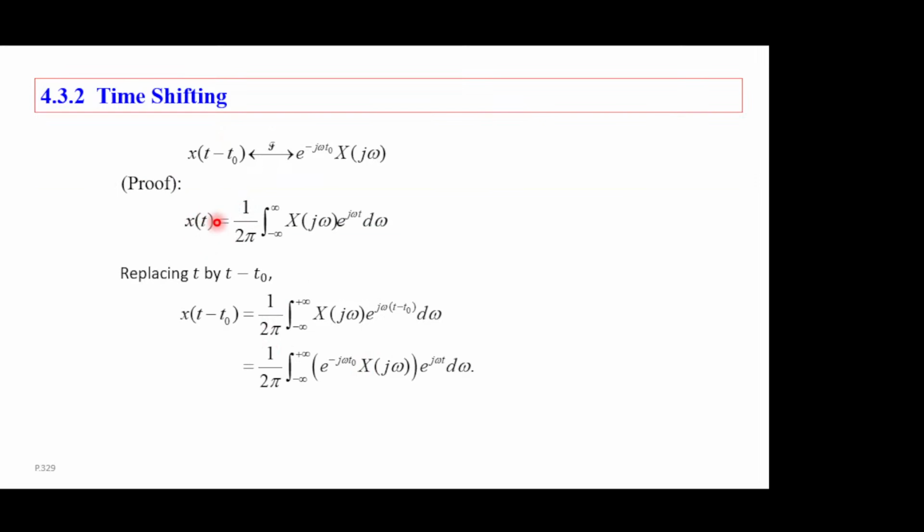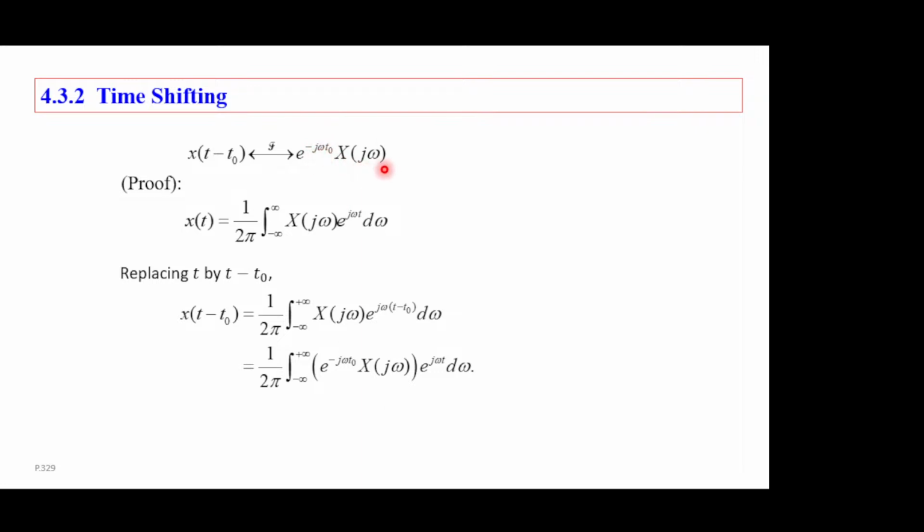So we substitute t by t minus t naught on both sides, and we see that it is the Fourier transform of big X times e to the minus j omega t naught. This is similar to what we had in Fourier series, but I believe in Fourier series we have minus k omega naught here.